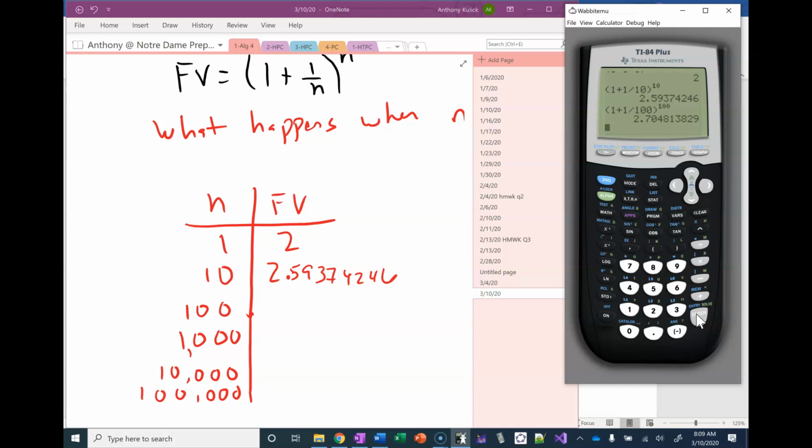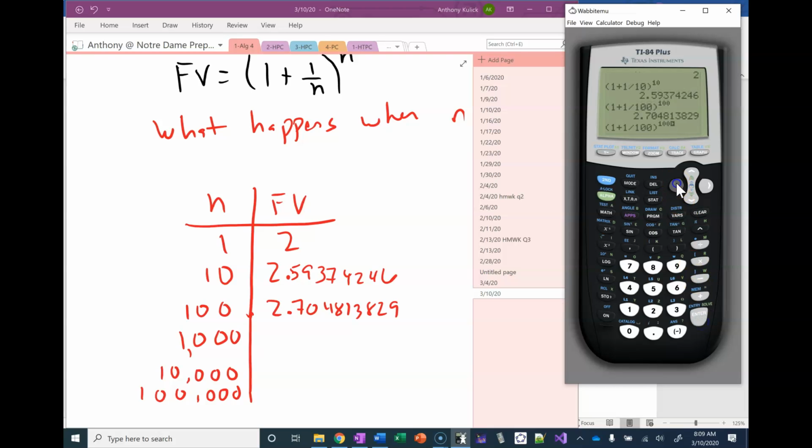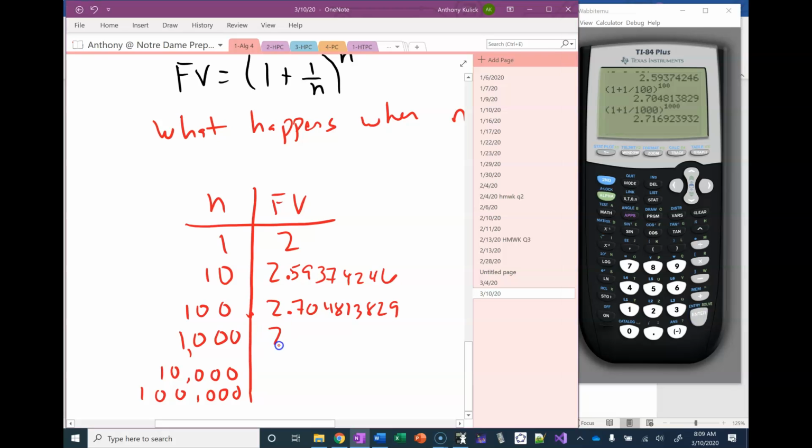There I get 2.7. And then let's plug 1,000 in. And there I get 2.716923932. Let's take a pause here and look at what's going on.